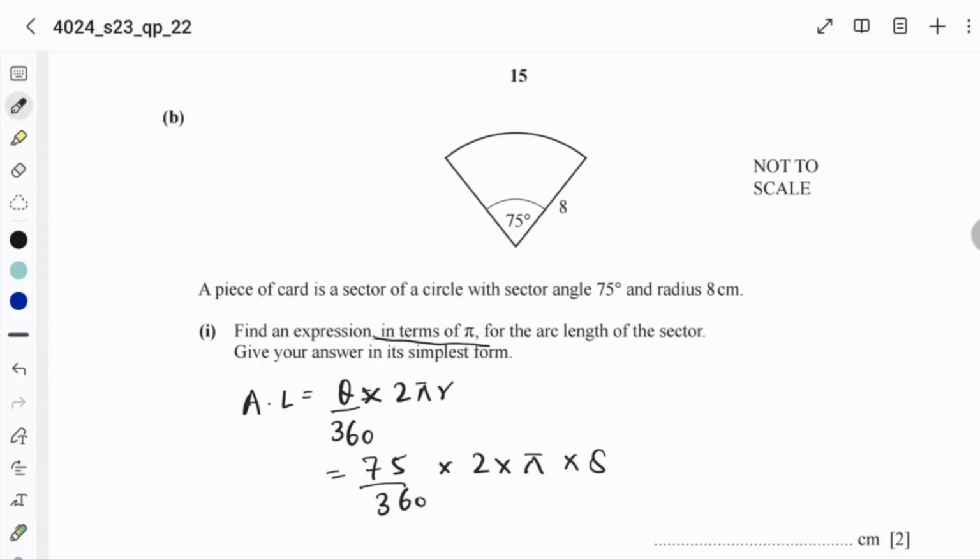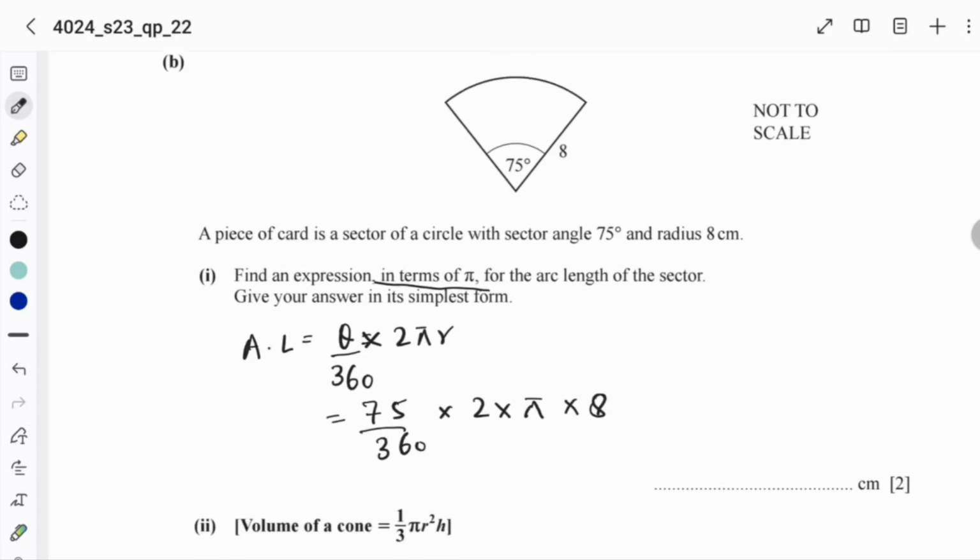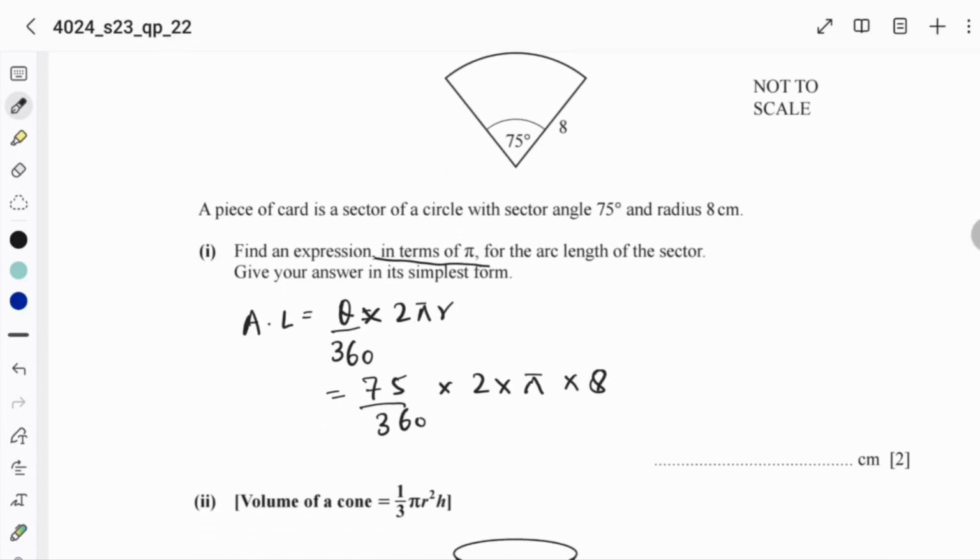Write your answer in terms of pi, so we are not substituting pi. 2 times 8 is 16 pi, and we'll keep our answer in terms of pi.